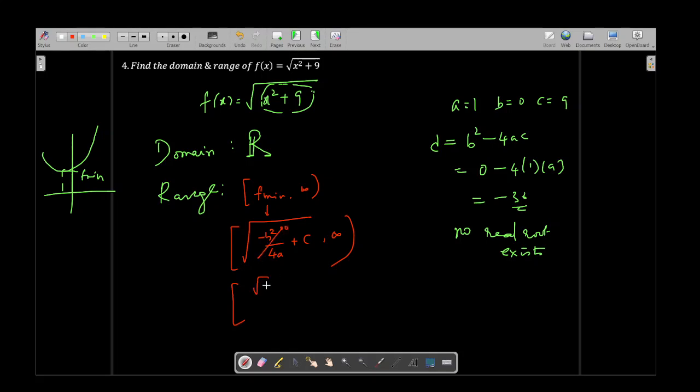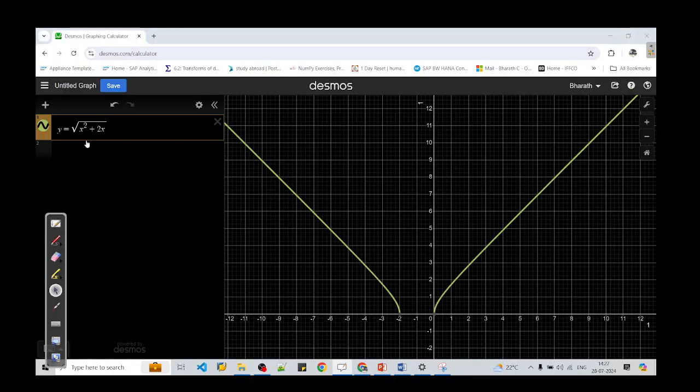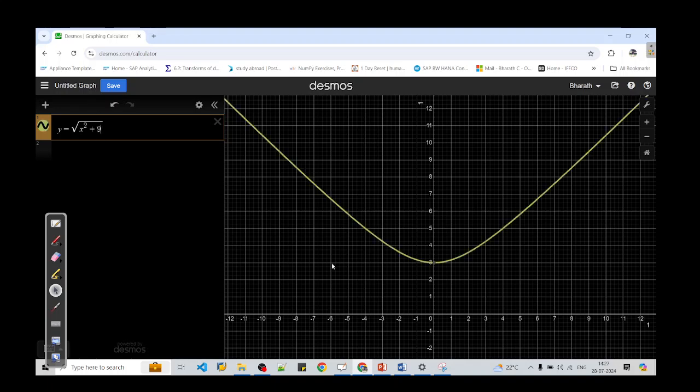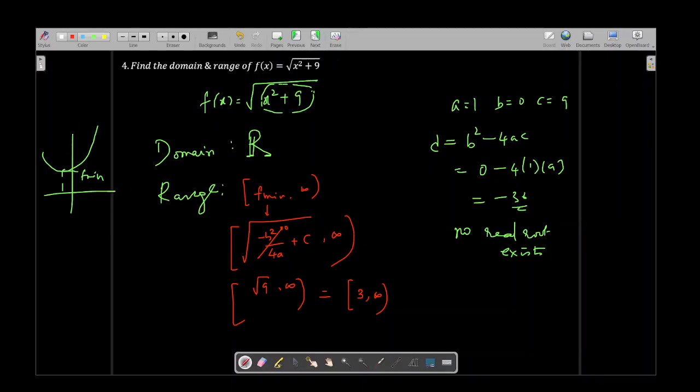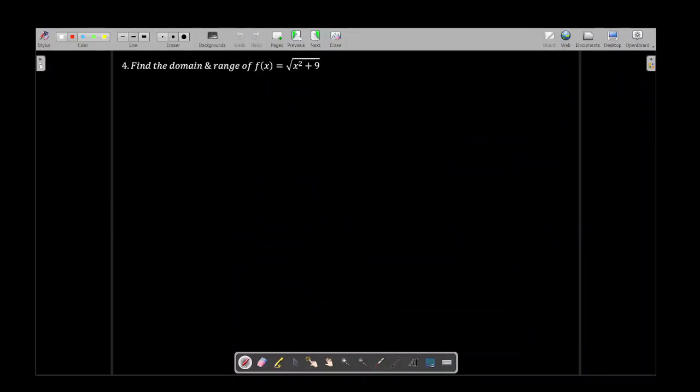Square root of c, which is 9, to infinity. So I claim the range is 3 to infinity. Let us check in our graph. x square plus 9, you can see the graph goes from 3 to infinity. Let's move on to the next problem.